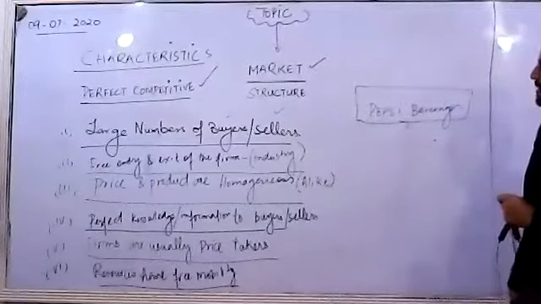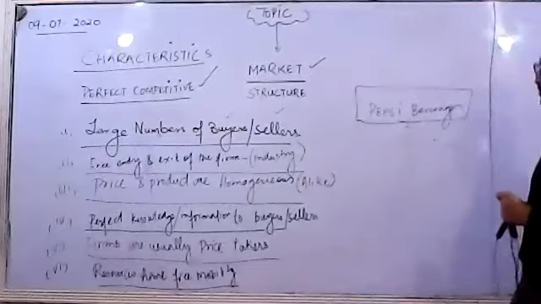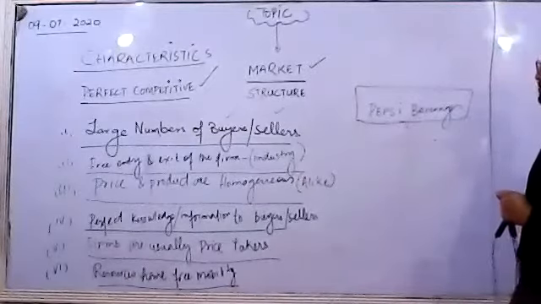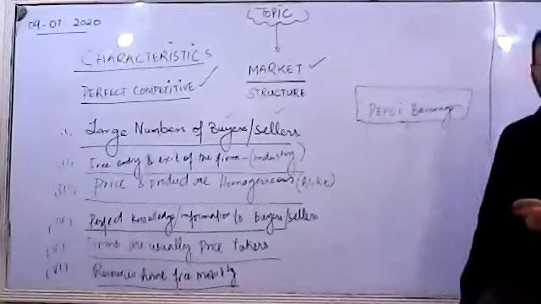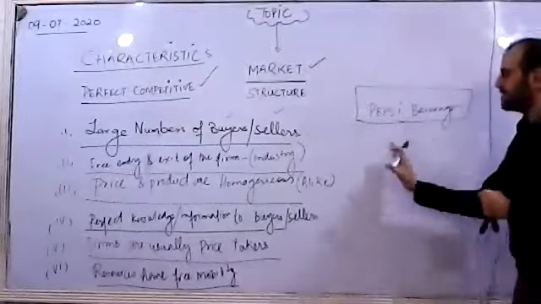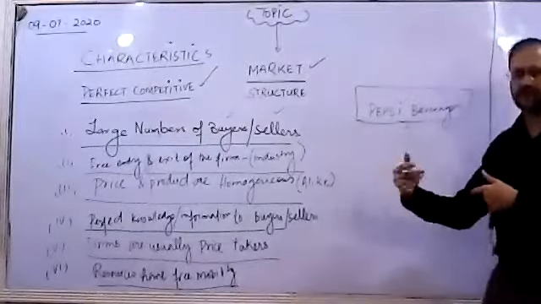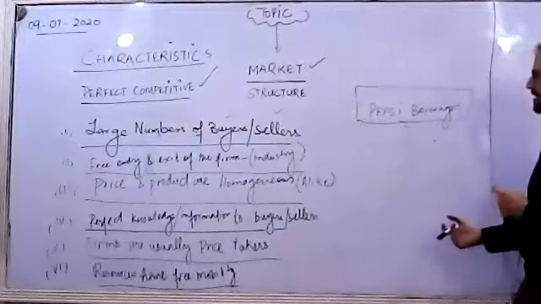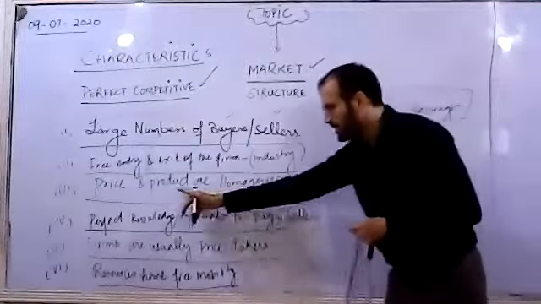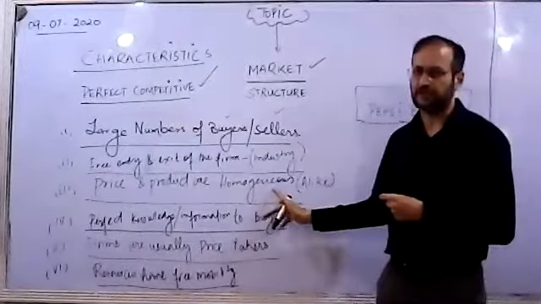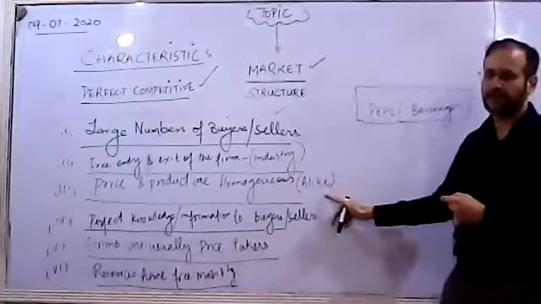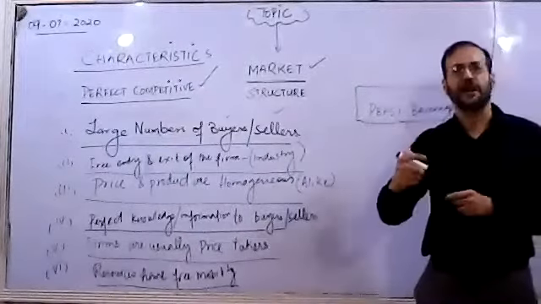Now, price and product are homogeneous. Is it true that the prices are homogeneous for these products? That somehow fits with Pepsi, that the prices are homogeneous to some extent, but the product is not homogeneous. It's not alike. You can differentiate it. How?